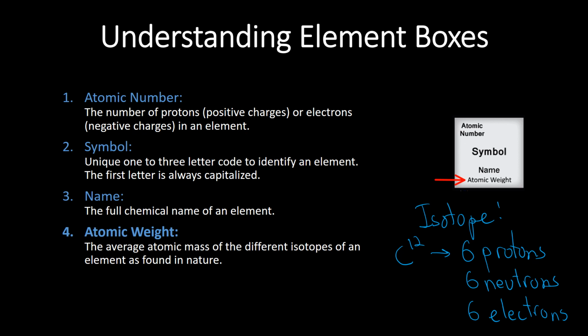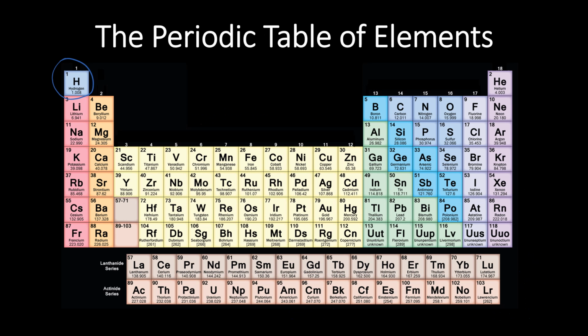If we were to make this into an isotope by, let's say, adding a neutron, so now that it has 7 neutrons, it would now not be carbon-12, but rather it would be carbon-13, which would be an isotope of carbon.